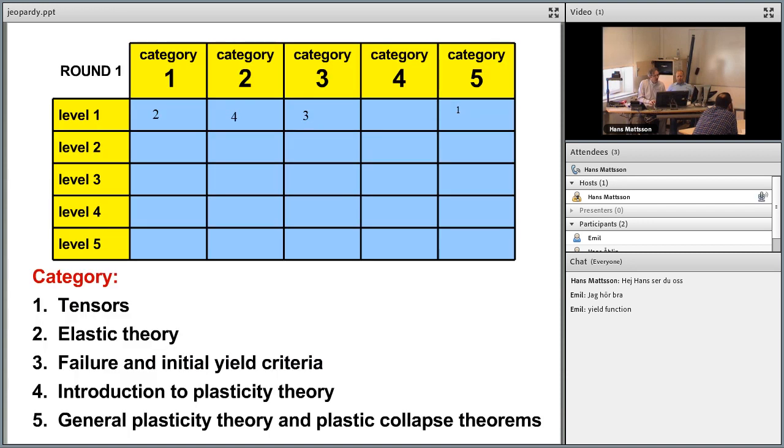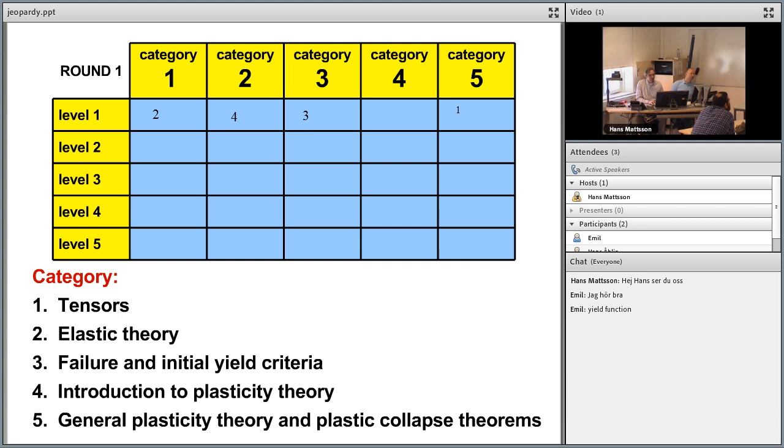And then we go to group number 5 to choose a category and a level. Sorry. It's taken. Category 1, level 1, taken by group 2. Category 4, level 1.